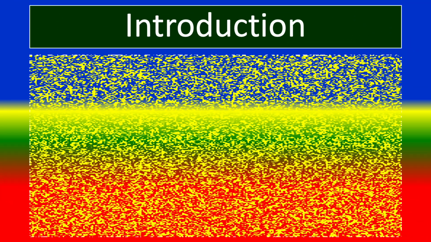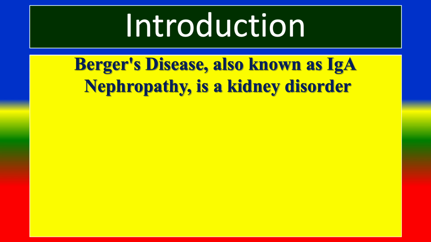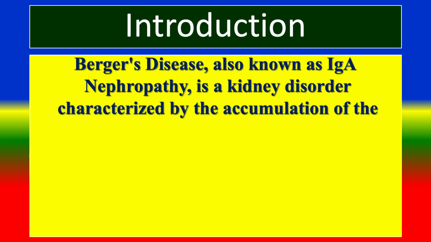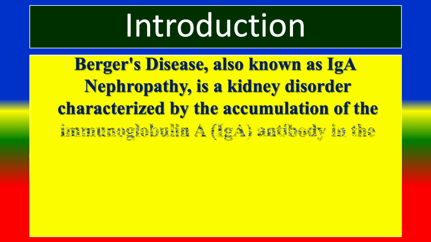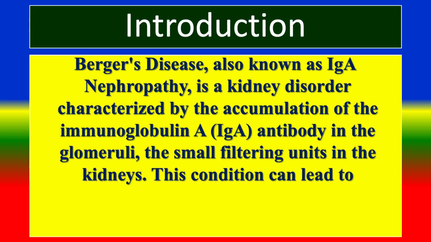Introduction. Berger's disease, also known as IgA Nephropathy, is a kidney disorder characterized by the accumulation of the immunoglobulin A, IgA antibody in the glomeruli, the small filtering units in the kidneys.